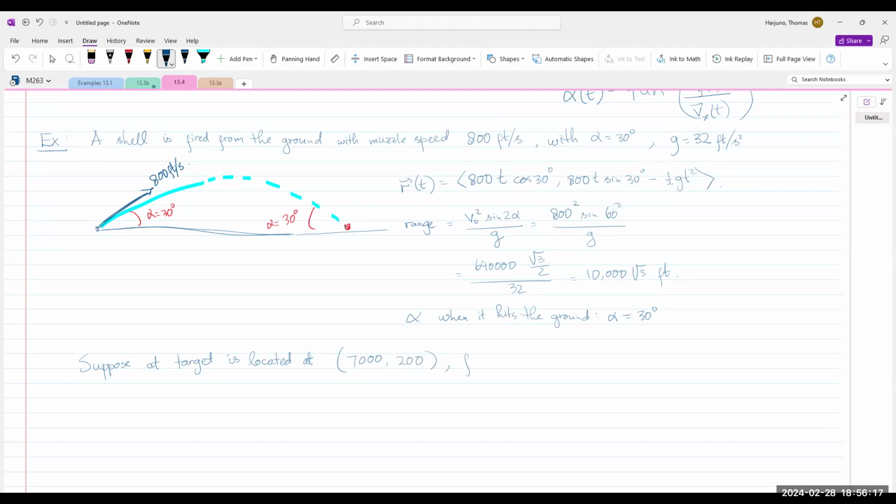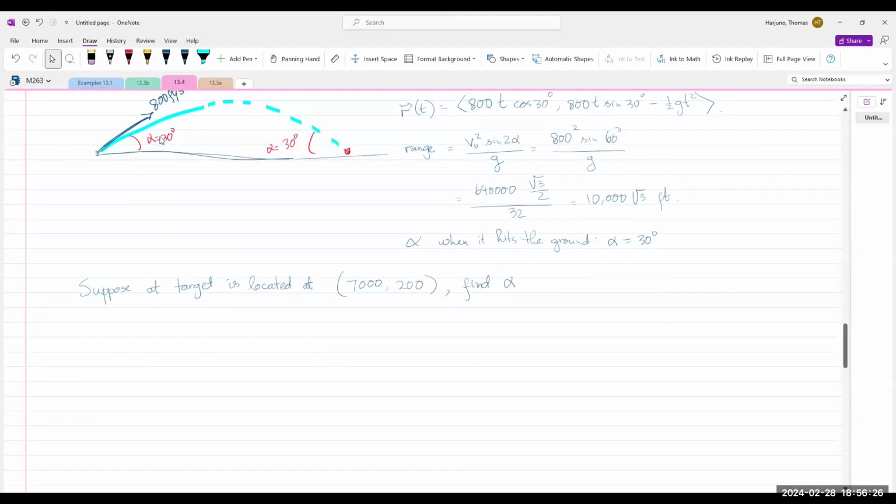Find the angle where you should shoot that projectile, that shell.